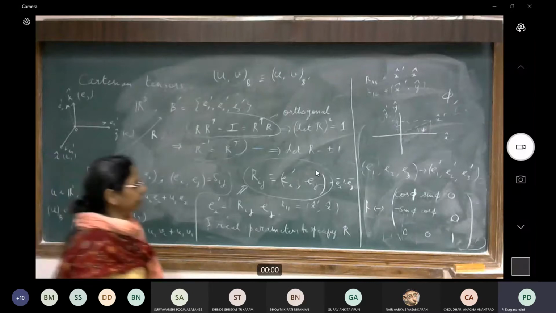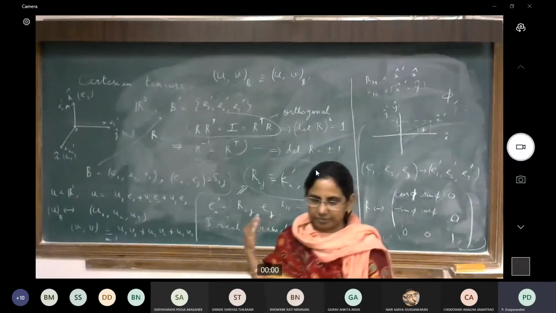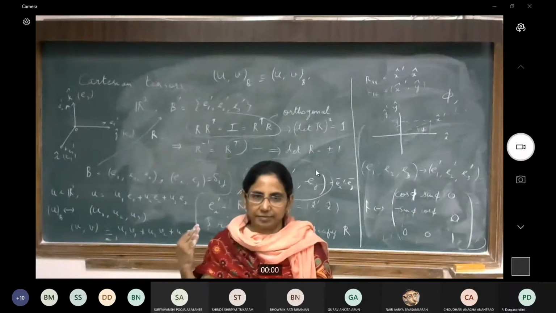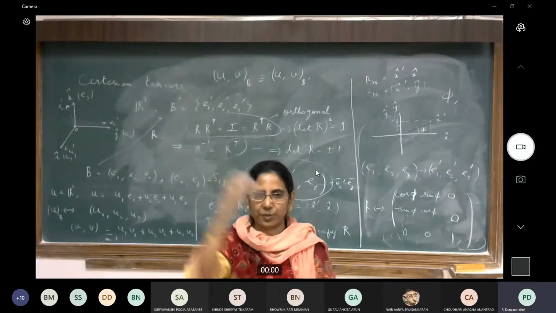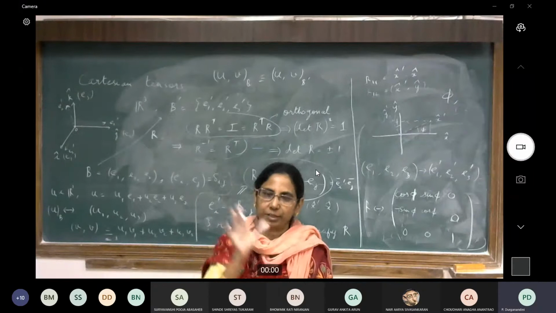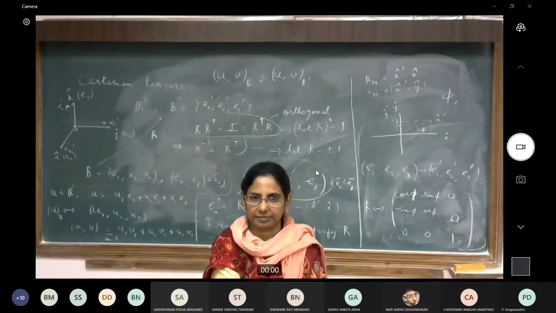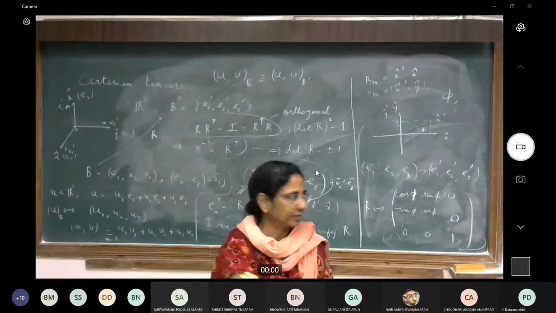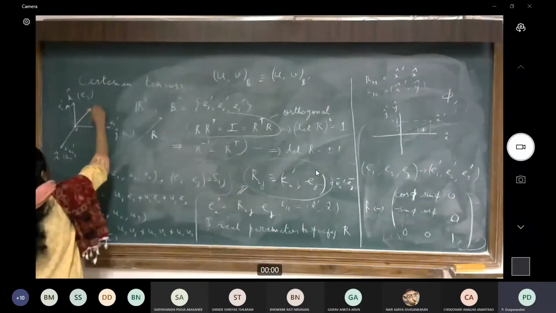To specify any arbitrary direction in 3-dimensional space, how many parameters will I require? I don't need the magnitude of a vector. Imagine I have some R here.